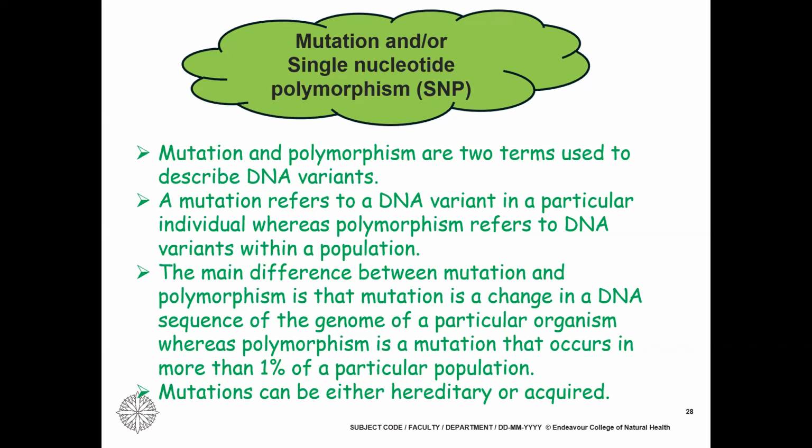And so something or the other keeps happening, but our body is very intelligent. If there is just one change in the nucleotide, A, G, T, or C, the body can still make the same protein.